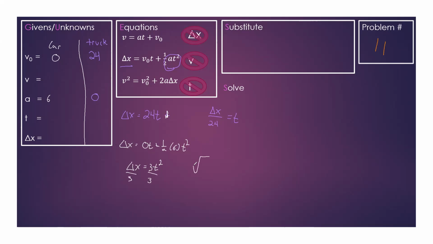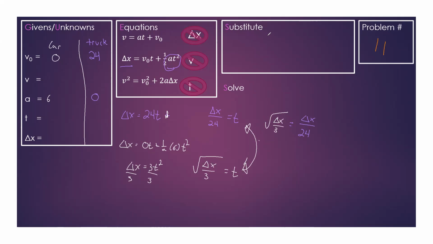So the square root of delta x over 3 is equal to t, because now I can set these two equal to each other, because they're both set equal to time. So I can say the square root of delta x over 3 is equal to delta x over 24.